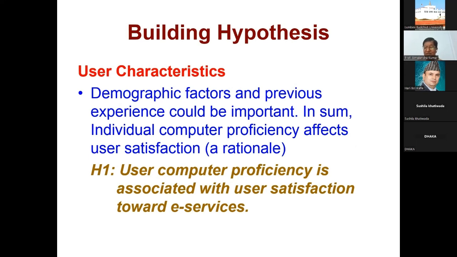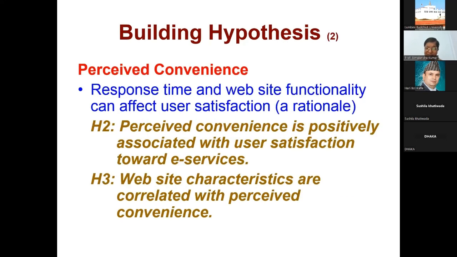Through previous observations and experiences, one hypothesis can be built up. Here perceived response time and website functionality can affect user satisfaction. As for that, perceived convenience is positively associated with user satisfaction towards e-services.